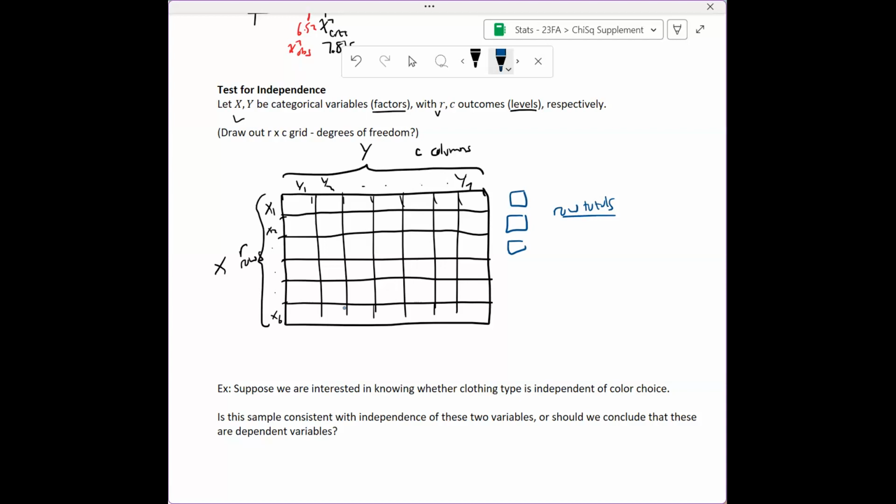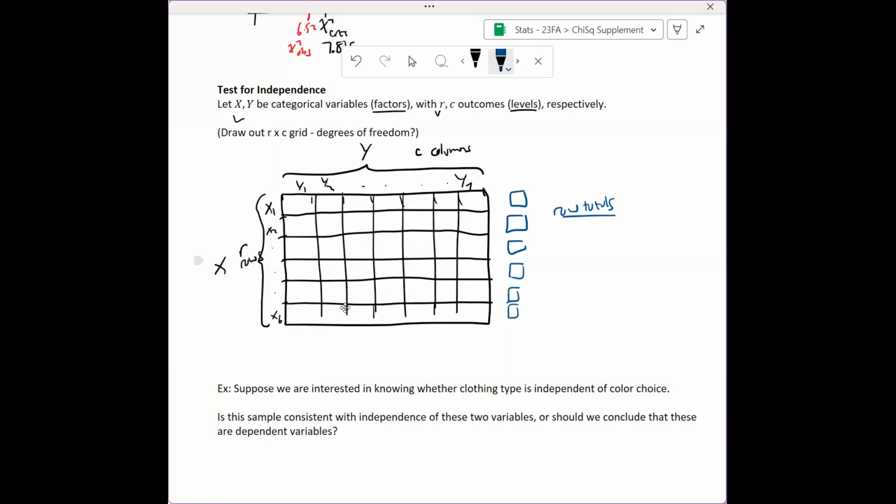If I had different colors of shirts and different colors of pants, and I say this person has a red shirt and blue pants, that would locate them in a specific box here. I would do this for a bunch of people, and I would have different numbers in all these different boxes for how many people had a red shirt and blue pants, or black shirt and white pants, or whatever it may be.